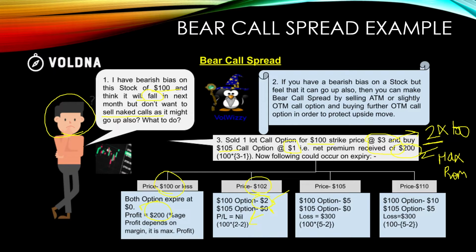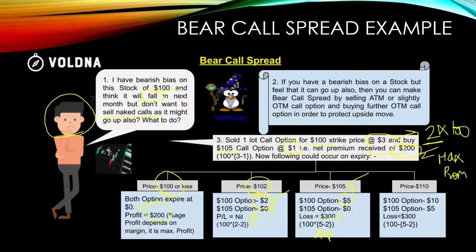But what would happen in case the stock moves to $105, that is the strike price of his bought option? He will lose $300 because now he is required to pay $5 to the $100 call option buyer, and his loss is $300: $5 paid and $2 earlier collected.